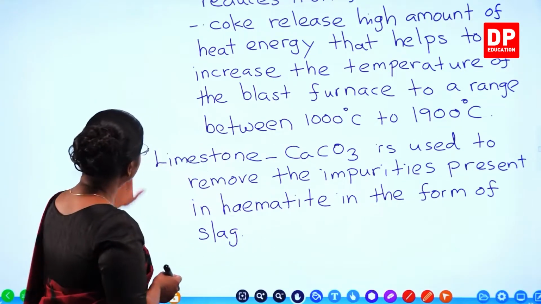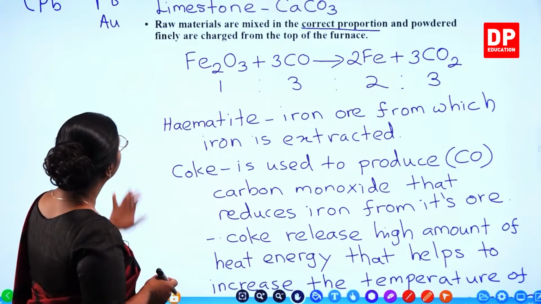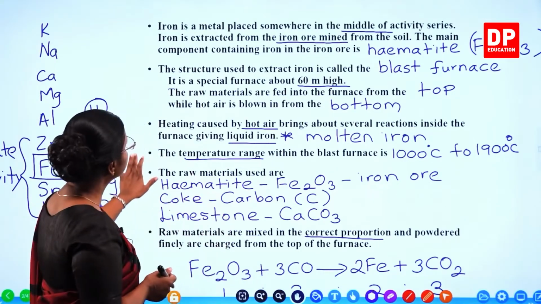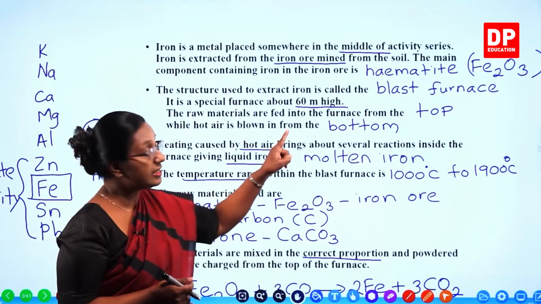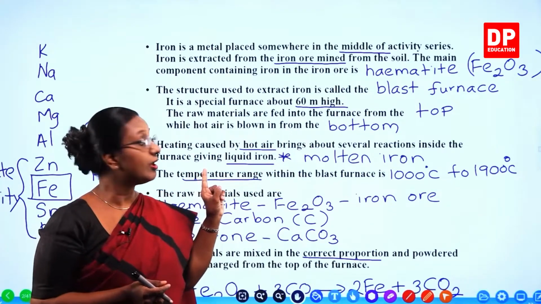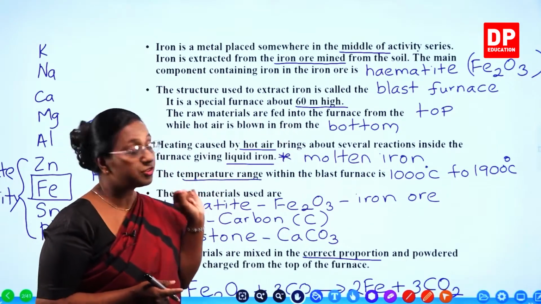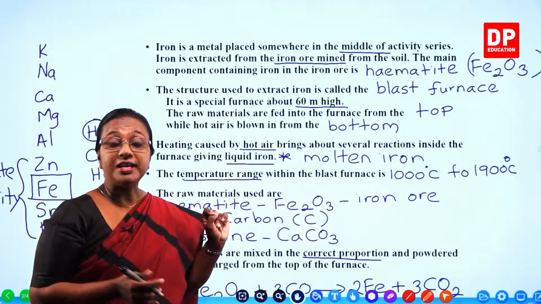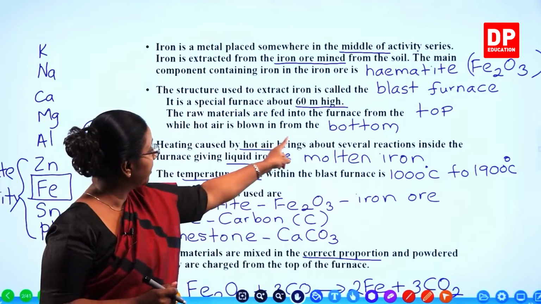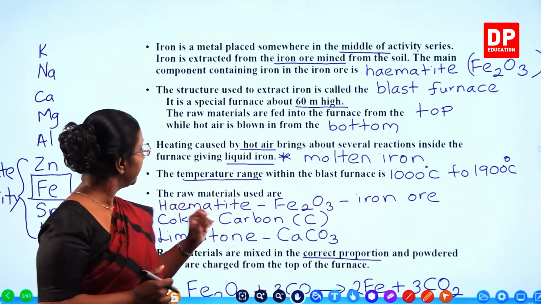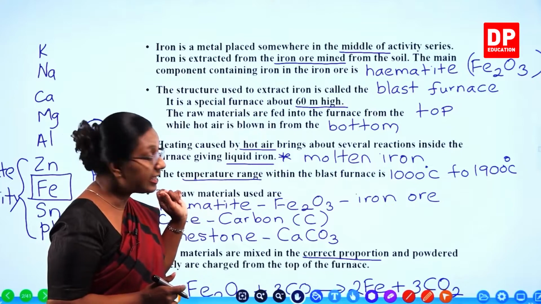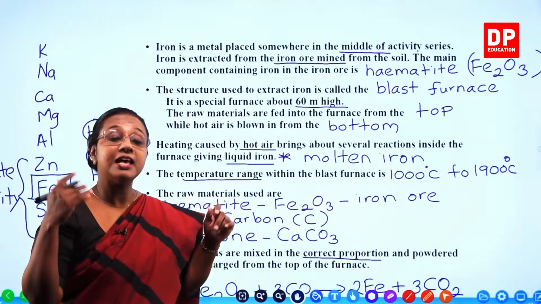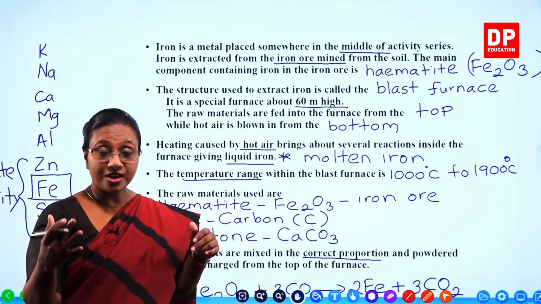So, if we just quickly go through what we have discussed so far, you all have to remember, students. Now, the iron ore is hematite. It has the chemical formula Fe2O3, and the structure used is blast furnace, and the raw materials are fed from the top and the hot air is blown from the bottom, and also there is high amount of temperature, 1000 to 1900 degrees Celsius, that causes the extraction of iron.